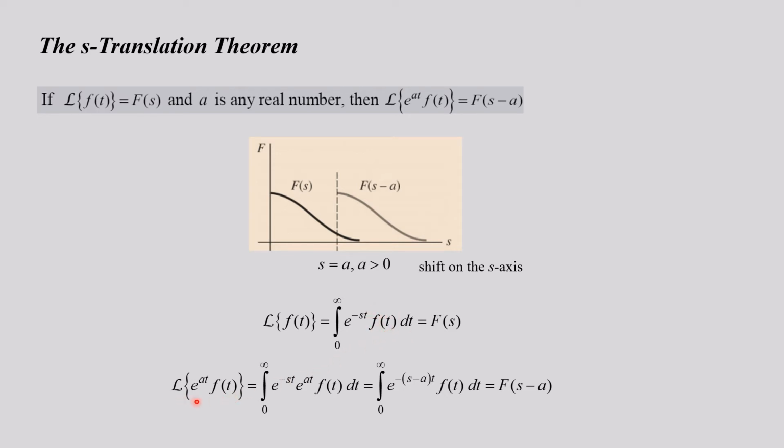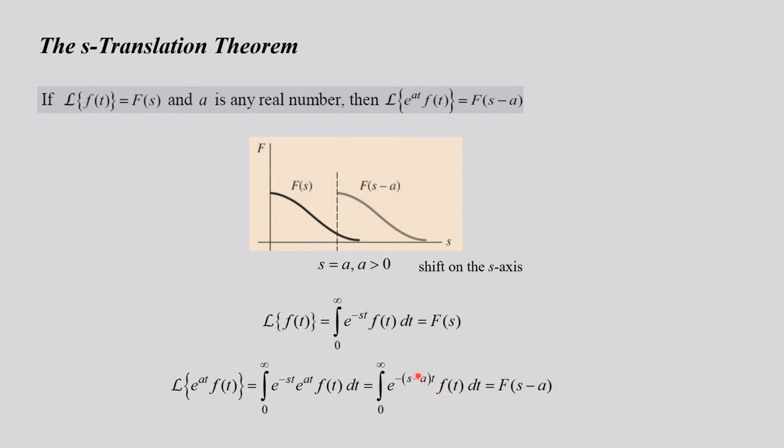The Laplace transform of e to the power of at f of t is equal to the integration from 0 to infinity of e to the minus st, but now this f of t has been replaced by e to the power of at f of t, and integrate with respect to t. The product of these two means you have to add the powers of the exponential function, resulting in e to the minus s minus a of t f of t for the integrand.